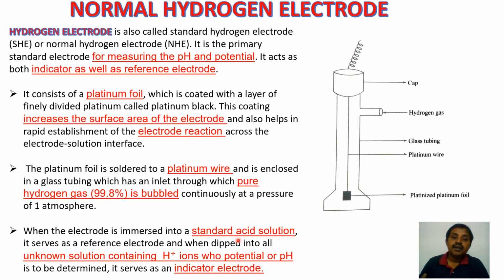Whereas when it is dipped in an unknown solution in which the concentration is unknown, then it is used to identify the H plus ion concentration and the potential developed in the electrode. So it acts as an indicator electrode.